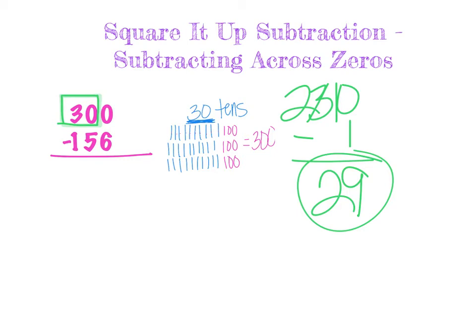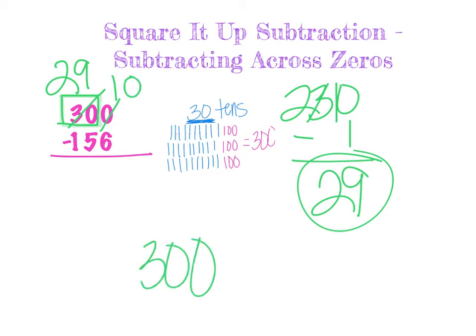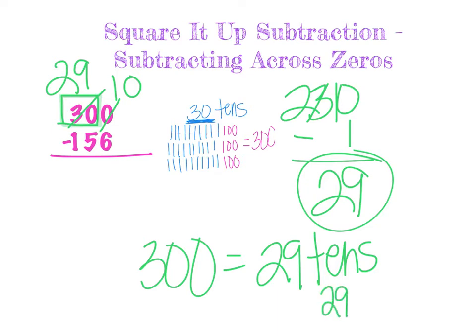So Miss Ayala is going to come back over here, cross out that 30, put 29, but in the ones place, I'm going to write the 10 because 300 still equals 29 tens because remember we discovered that 29 tens equals 290. And we know that because 30 tens gave us the 300.